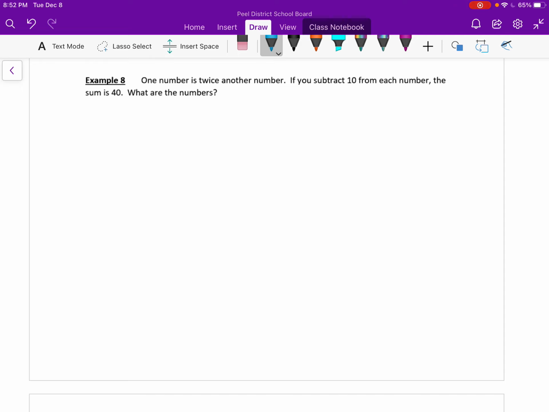Okay? So you have one number is twice another number. If you subtract 10 from each number, the sum is 40. What are the numbers? Again, so much happening here. Let's break this down. So let x equal the first number. Let y equal our second number.